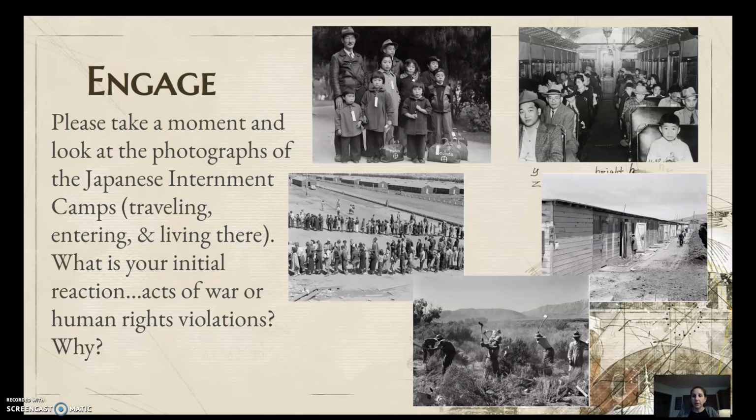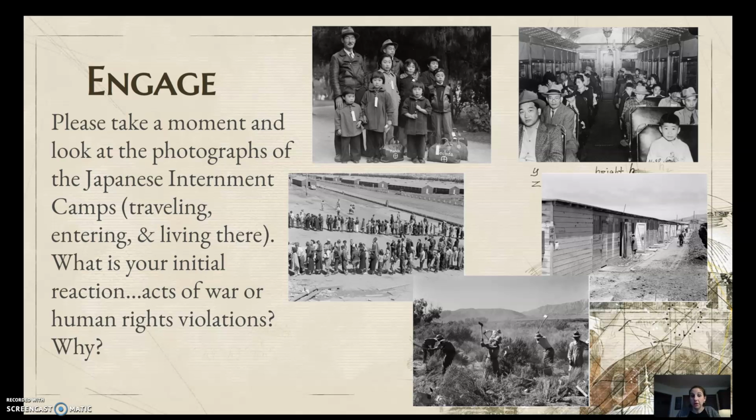For the engagement, I want you to take a moment and look at the photographs of the Japanese internment camps. You can see the process of traveling: packing up bags on the bus, getting there, getting marked in, where they lived, and then working in the fields. What is your initial reaction? Is this an act of war during World War II?